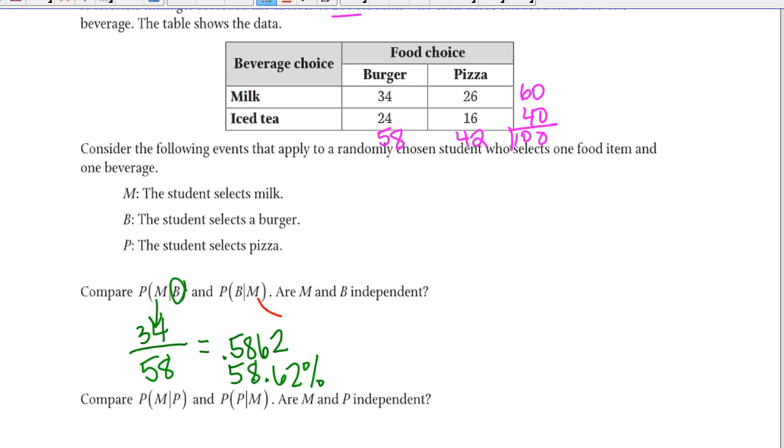So then now reverse that. The probability of a student ordering a burger knowing they got milk, well, my sample space is the 60 students who got milk. Out of those 60, 34 ordered a burger. So 34 divided by 60 is 0.567.